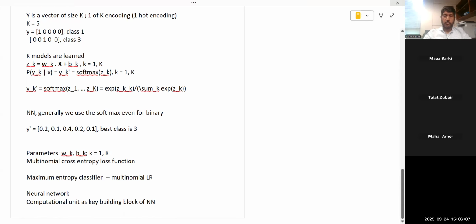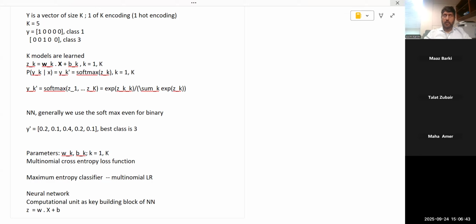So what is that computational unit? The output Z of the unit is simply W·X plus B. ठीक है, ये क्या था? ये लॉजिस्टिक रिग्रेशन था हमारे पास. W and X, of course, are vectors, and B is a scalar. And we have taken the inner product or dot product between them.